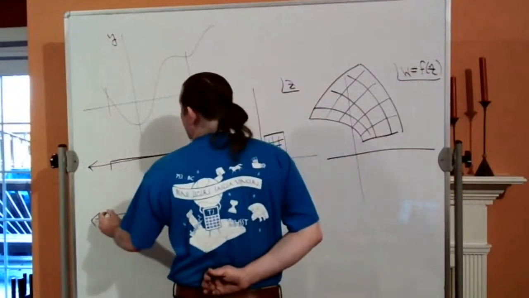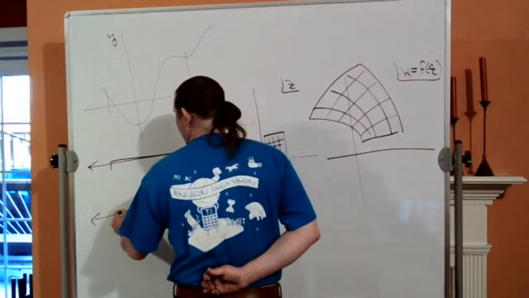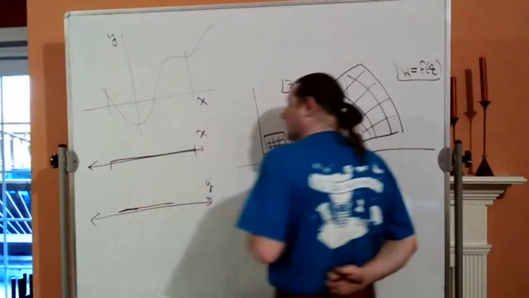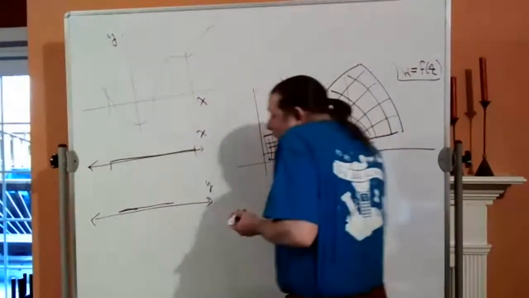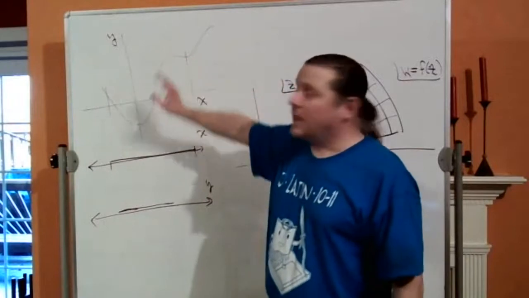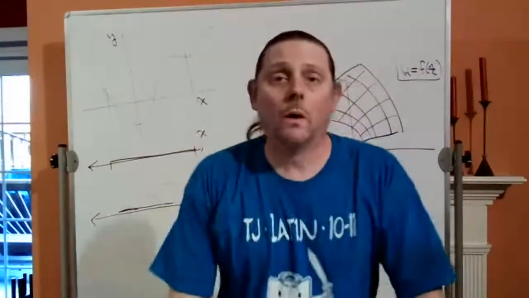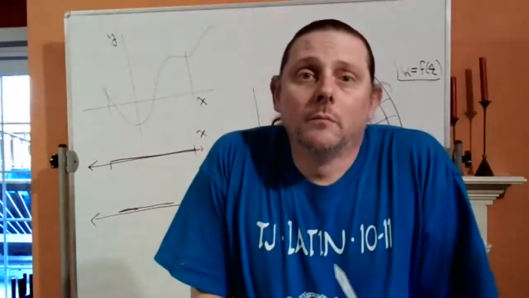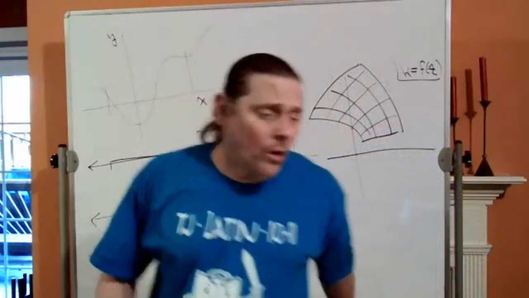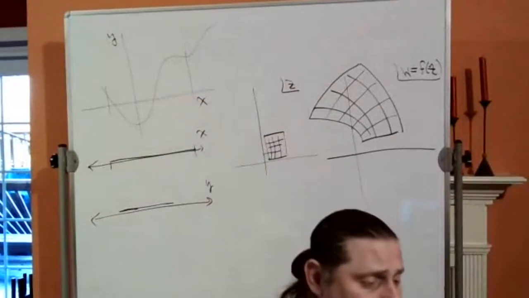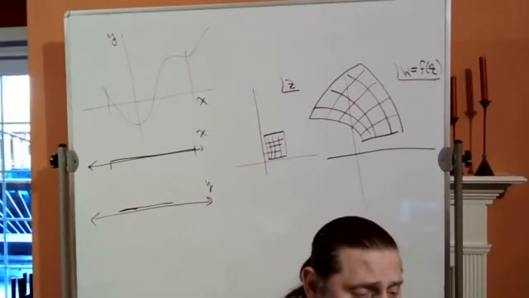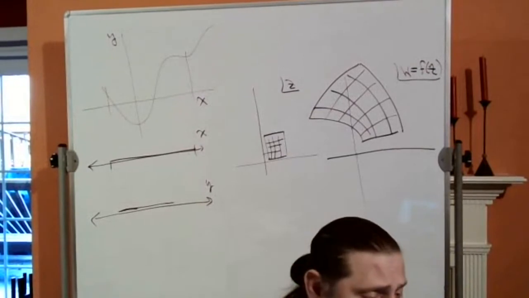Well, let's see, it went negative, it went positive, then it went negative, then it went positive, then it went a little bit smaller. And that's what our graphs are going to represent. This, of course, is a much stronger view of what's going on, but we don't have access to that because we don't have 4 dimensions to work with. All right? So let's see what some of these maps look like.